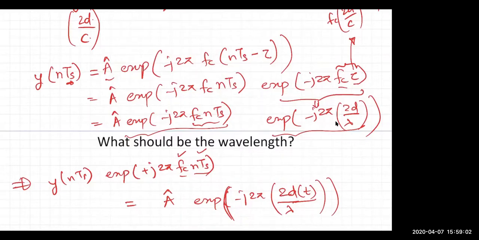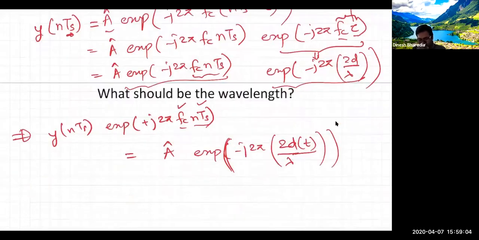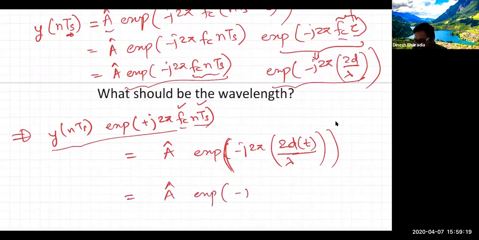Fantastic. Now, all of this is coming at 3 gigasample. More importantly, let's write this as: a hat exponent of minus j2 pi d of nTs, because t is nTs at this point.